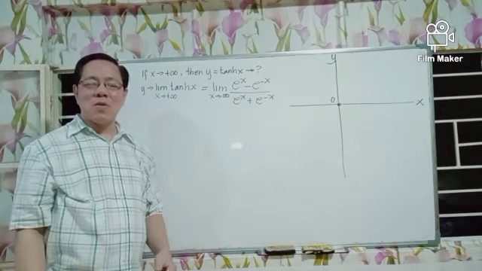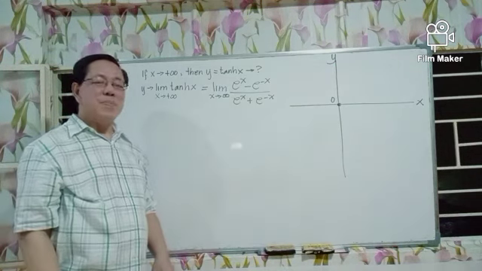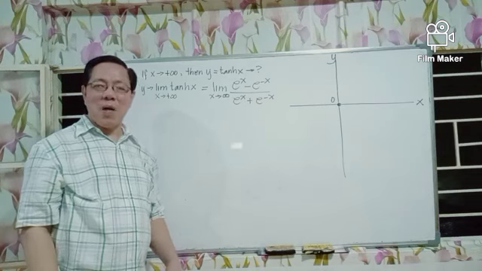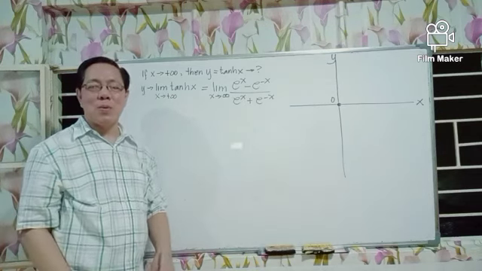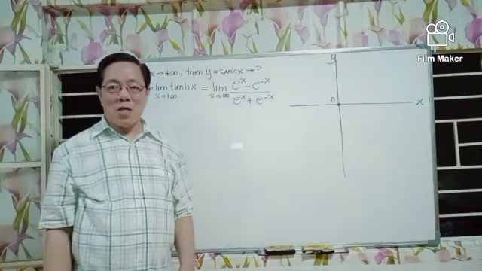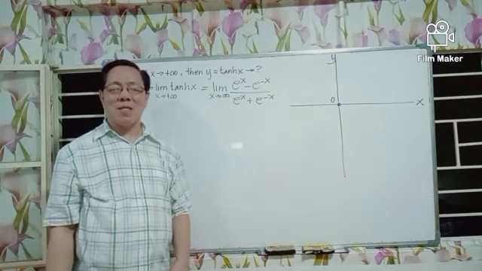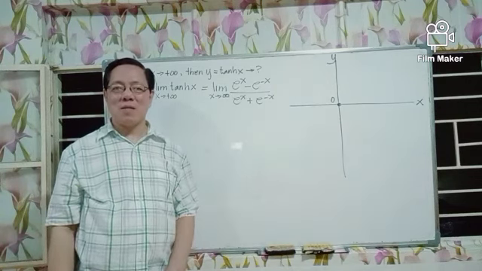And we can also use the fact that the hyperbolic tangent of x is equal to the ratio of the hyperbolic sine of x and the hyperbolic cosine of x.